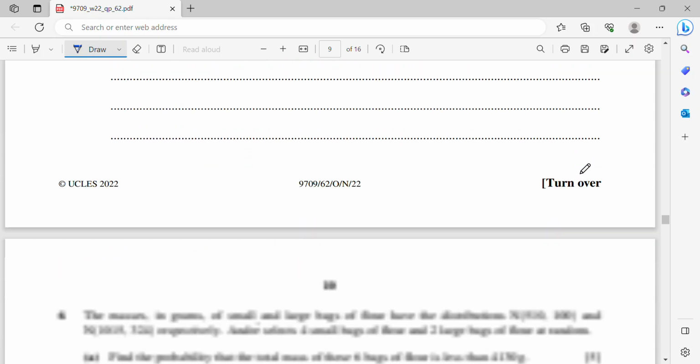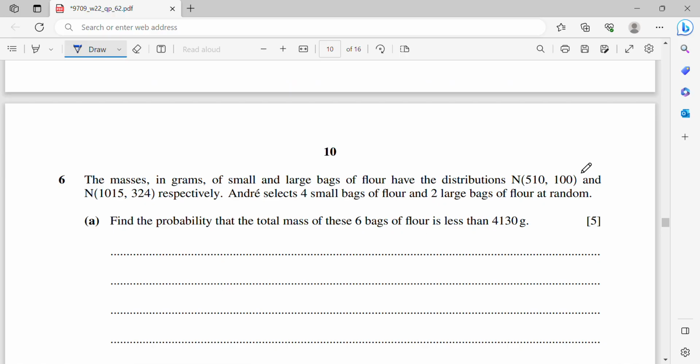Now the next question is number 6. The masses in grams of small and large bags of flour are normally distributed. For the small bag, the mean is 510 and the variance is 100. For the large bag, it is normally distributed with mean 1015 and variance 324.